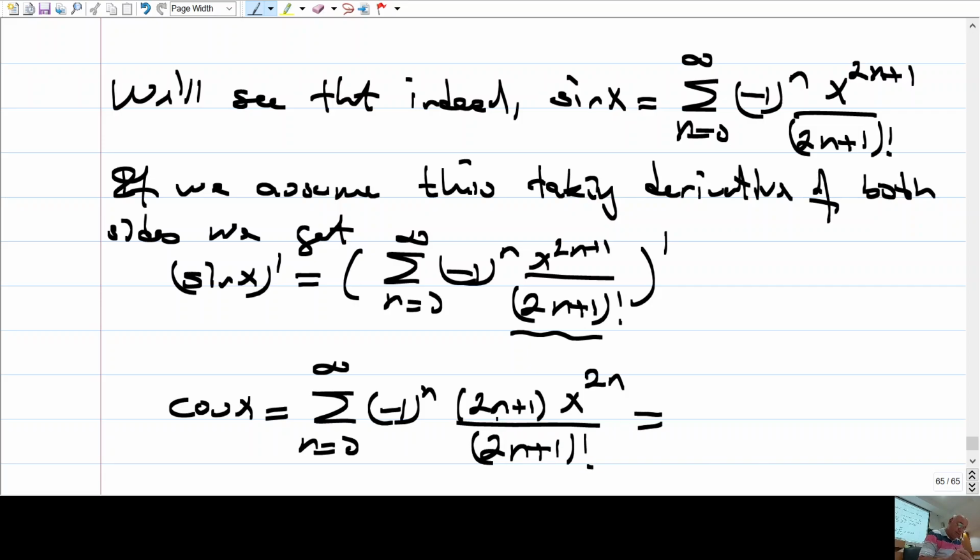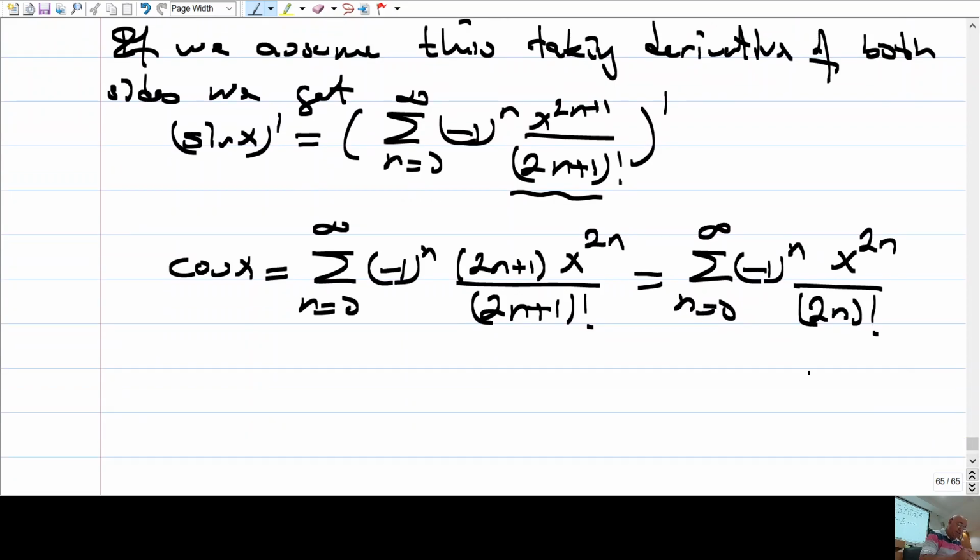And here 2n+1 cancels with the last term of this factorial, so you will get just (2n) factorial. So this is the sum from 0 to infinity of (-1)^n x^(2n) divided by (2n) factorial. And what is the radius of convergence of this? Well, it is still the same radius. Whatever the radius of convergence of f, the derivative function will have the same radius of convergence. So this is true for all x in R.